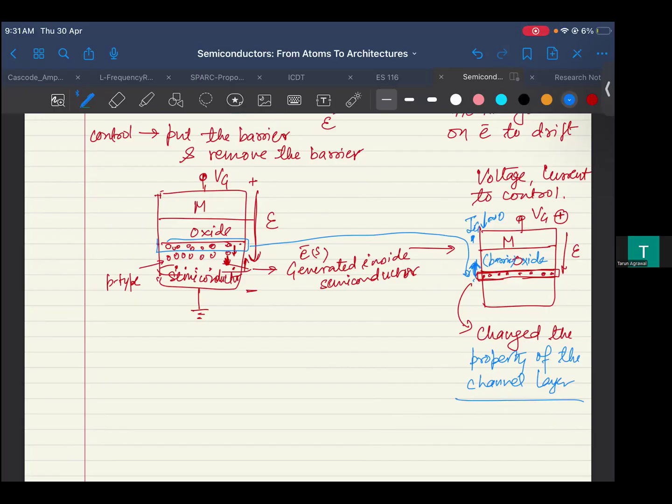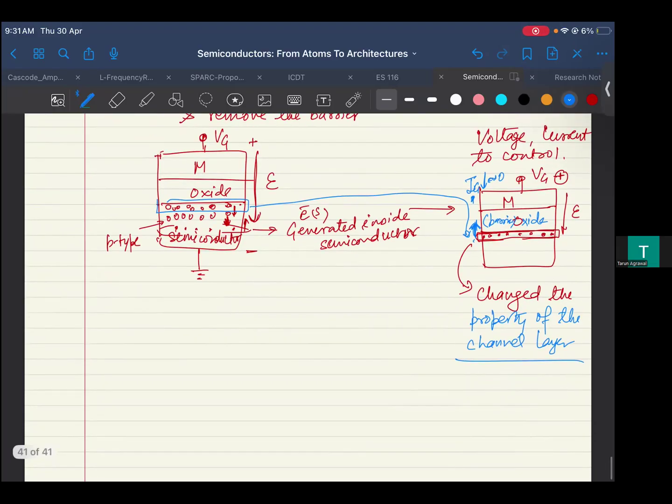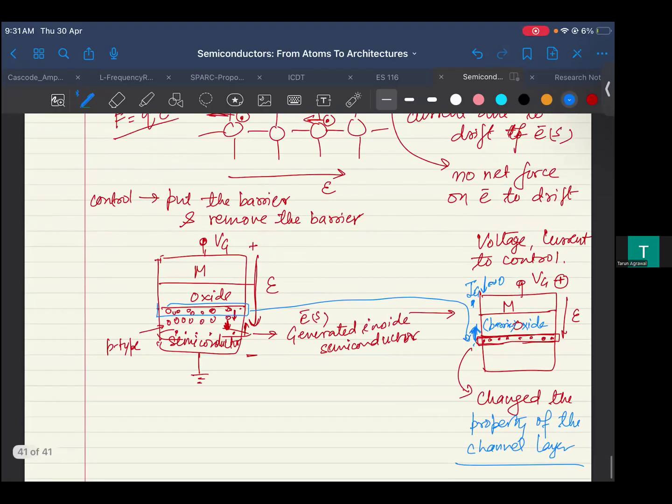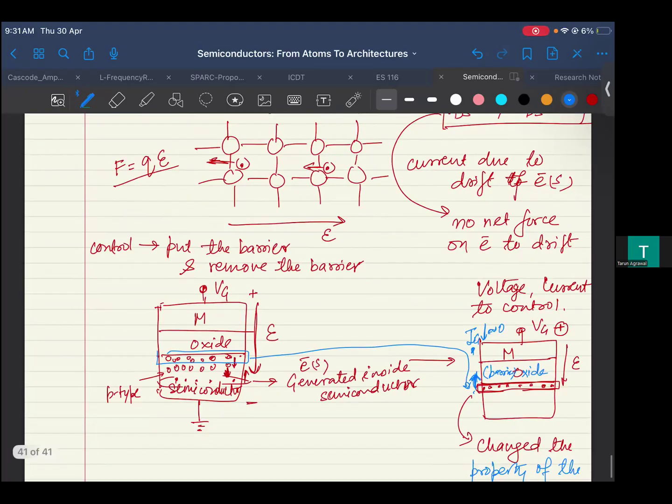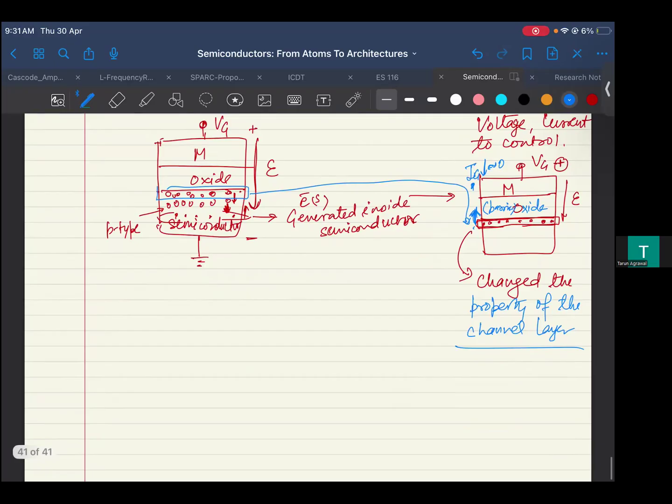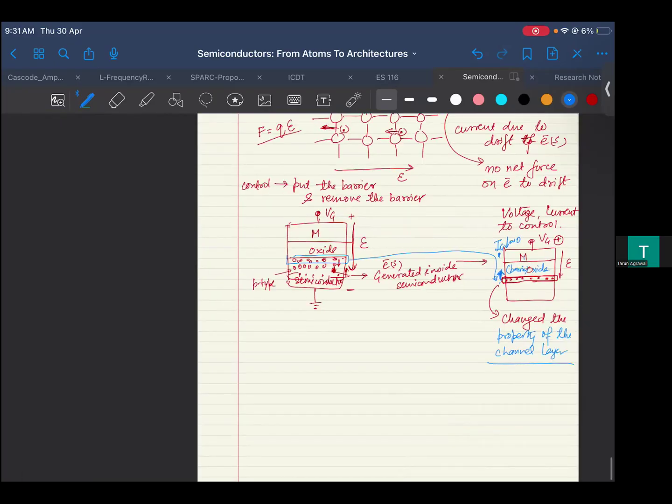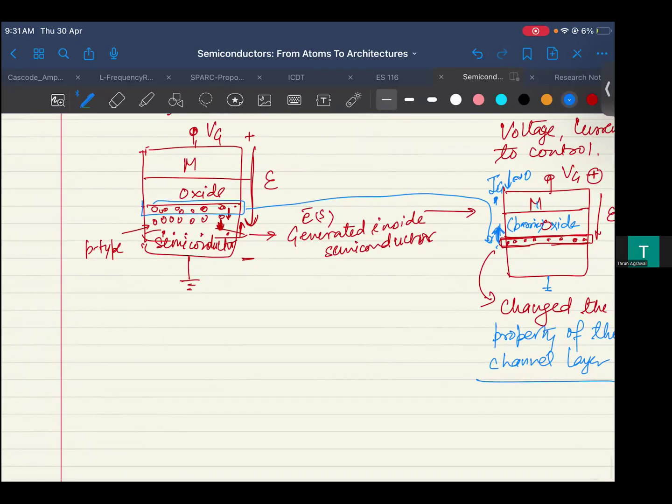So then the question comes: now that you have changed the property of this layer by applying a voltage, how do I make the current flow? Which we have seen earlier, obviously: you need two other terminals, a drain and a source, because this was just grounded. So this is the body which we talked about. This is the gate. Now in this two terminal device, I need to add, right?